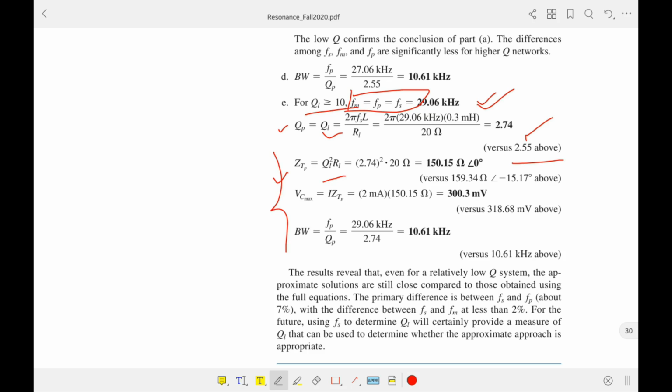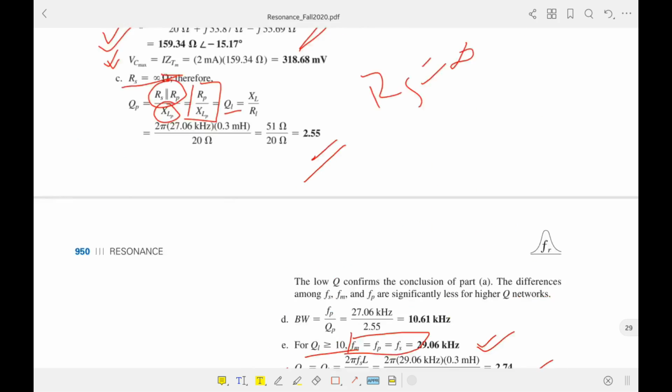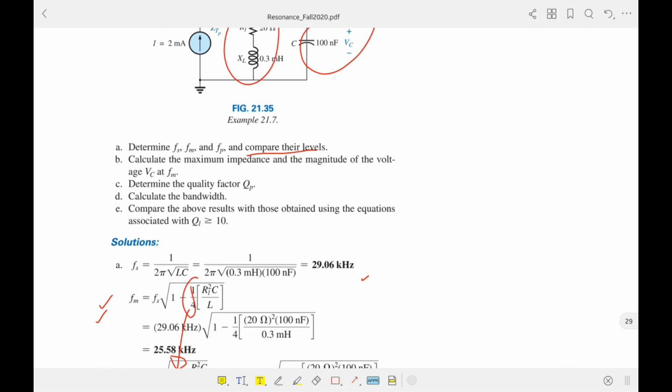These formulas are already derived in the previous section, so I'm not repeating them. When you calculate this, you will find some deviations, which are mentioned and also discussed here, and probably in this math it is asked: compare the above results. What do you want to compare? The result you got by using QL greater than 10 and the direct calculation.